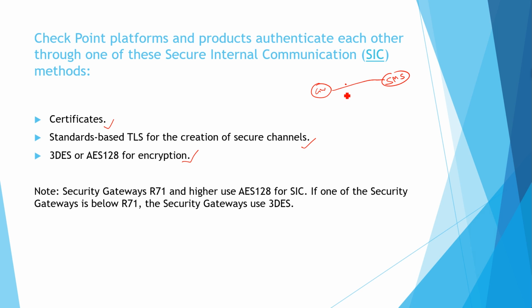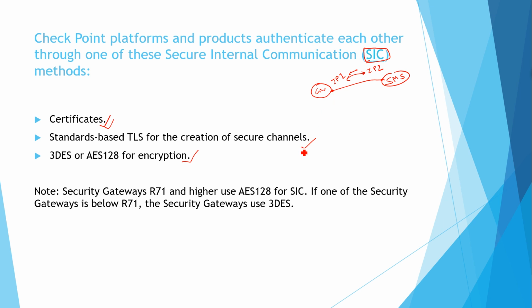But they must be connected via one link. We must have two IPs, one at this point and one at that point, IP1 and IP2, so they can communicate with each other. So for the specific SIC, they have a certificate to share for authentication.